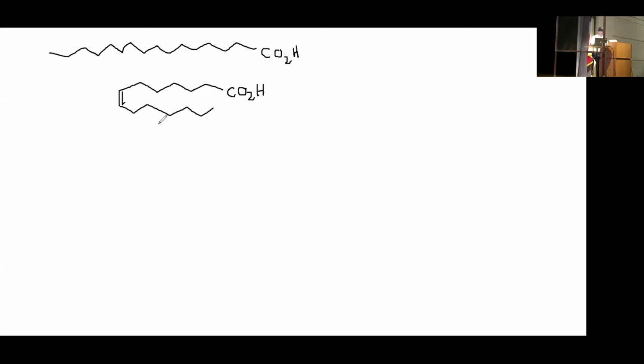Again, at least the ones that occur naturally. That's kind of counterintuitive, I would think, right? Because we're used to the trans double bond being more stable. Yet for some reason, the ones that are naturally biosynthesized in plants and animals have cis double bonds. I couldn't really tell you why, but it's true.